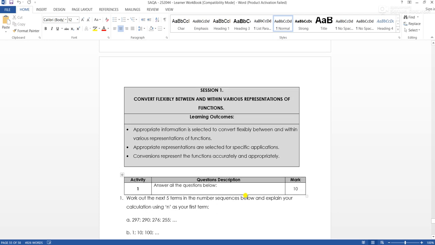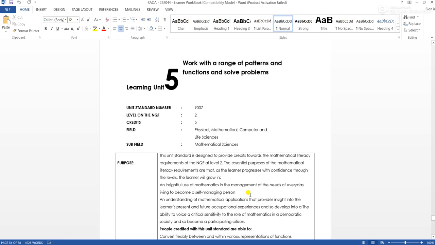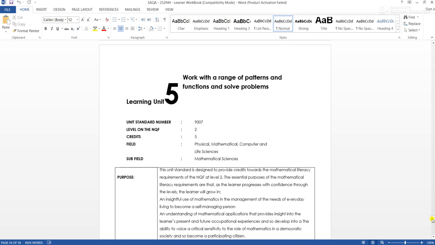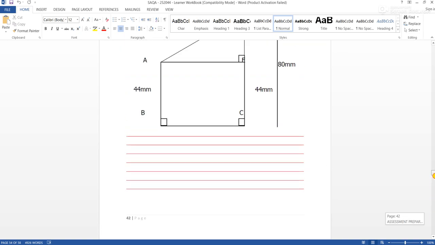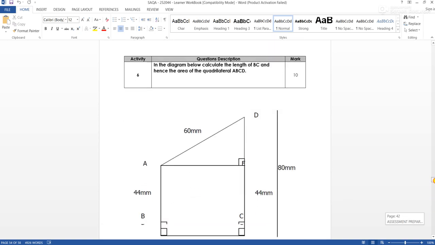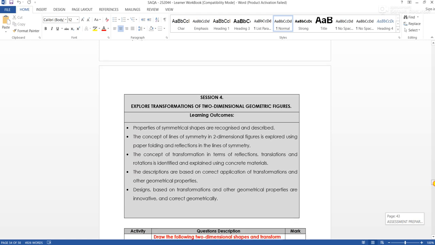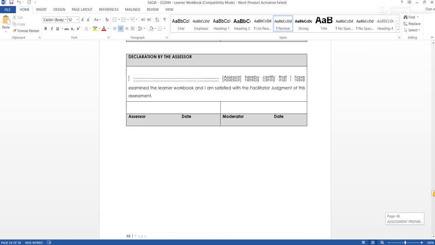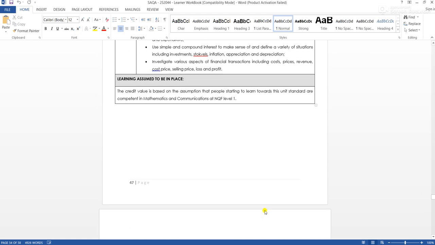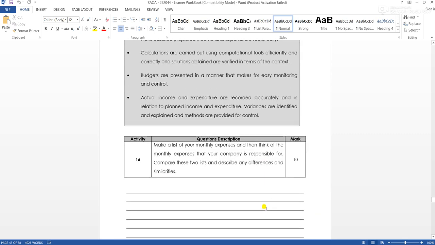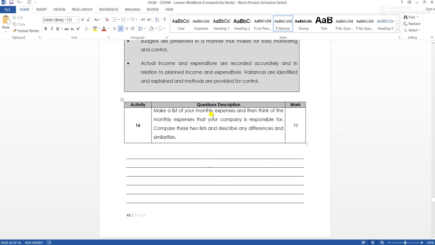Now looking at the questions that you need to answer for learning unit 4 and 5, activity 16. You need to make a list of your monthly expenses, then think of the monthly expenses that your company is responsible for. Compare these two lists and describe any differences and similarities.